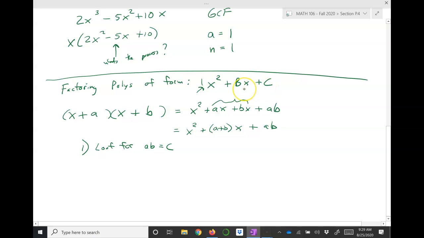So we're just looking for c. And then what we want to do is look for an a and b that make up the product of c. So it's a little wordy, but when you see some of these examples, you'll see it'll be very simple.